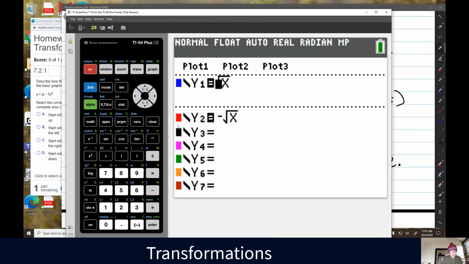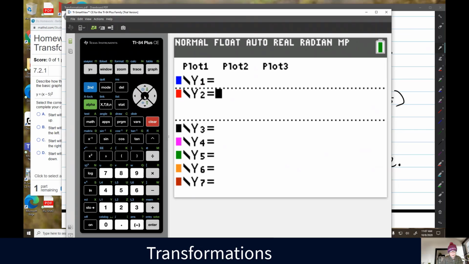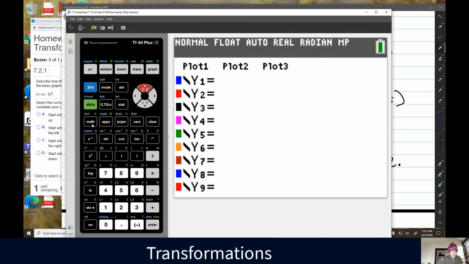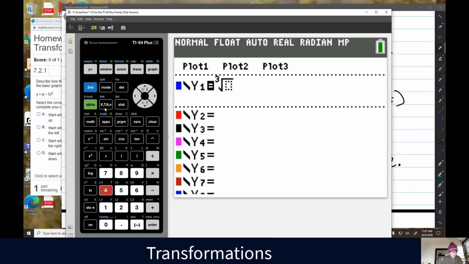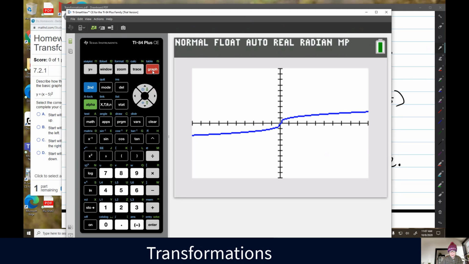And then we will do the cube root. Okay, so cube root, I go to math, and then down to 4, which is where the cube root is. And here's the graph in its home position. Now I'm going to turn it upside down.